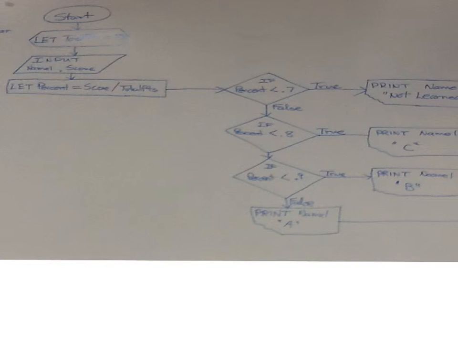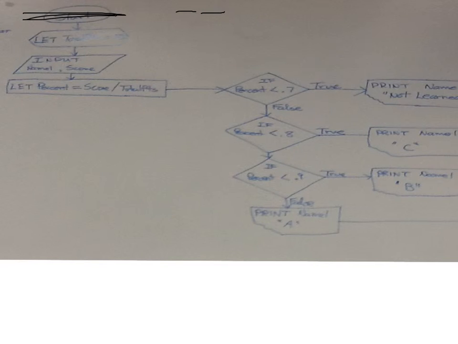Here's the flow chart. So we got the start. It's a little hard to see, but that's where we initialize the total points equal 50. We got the score and the name. Then we figured out their percent. And then we looked, is the percent less than 0.7?